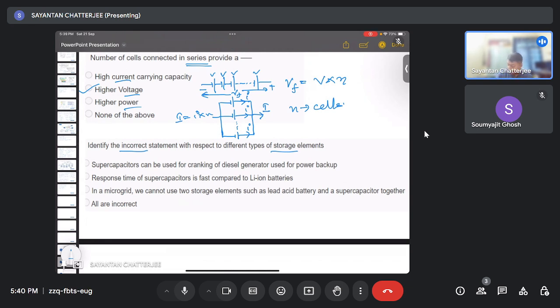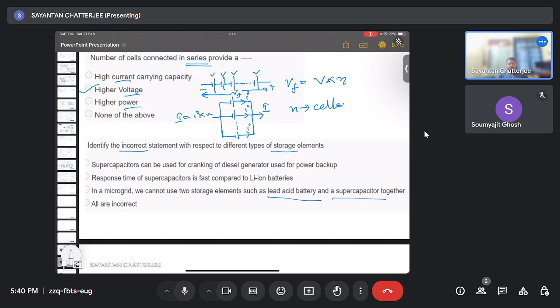So, any guesses? What is the incorrect statement here? Supercapacitors can be used for cranking diesel generator used for power backup. Response time of supercapacitors is fast compared to lithium-ion batteries. In a microgrid, we cannot use two storage elements such as lead-acid battery and a supercapacitor together.